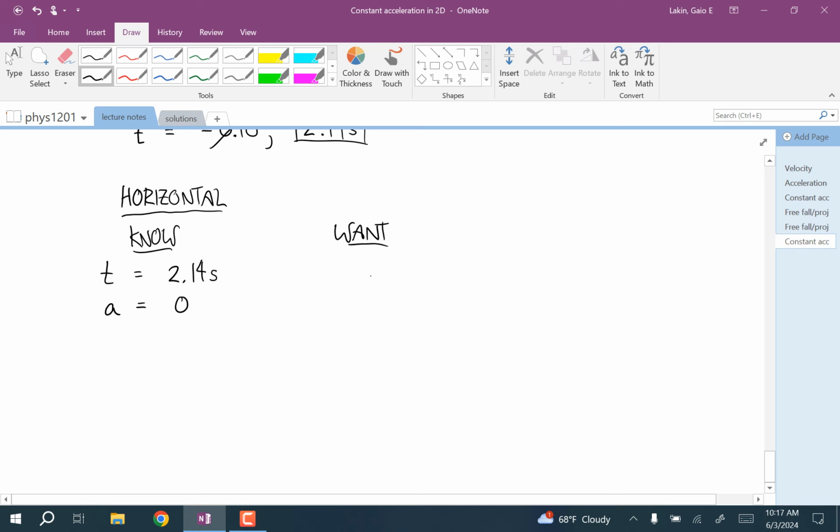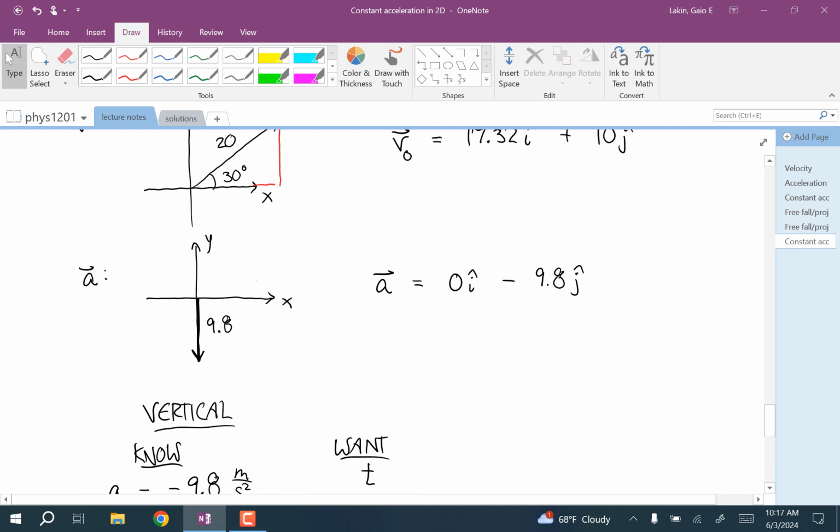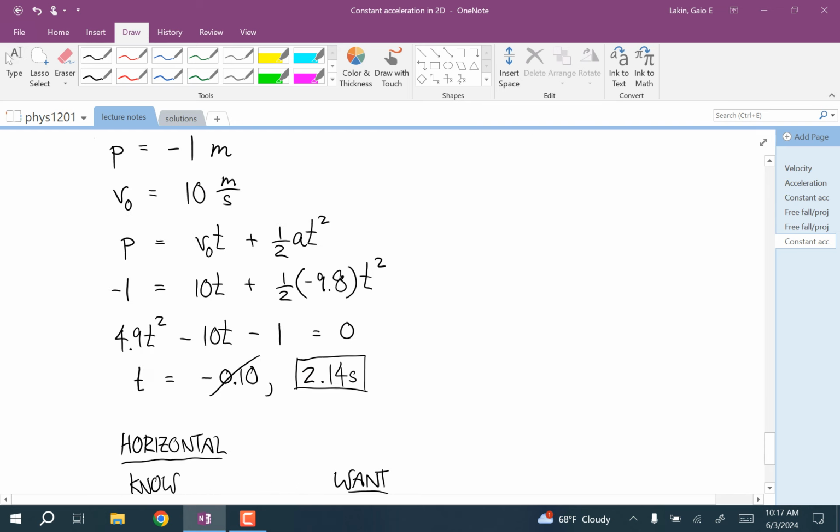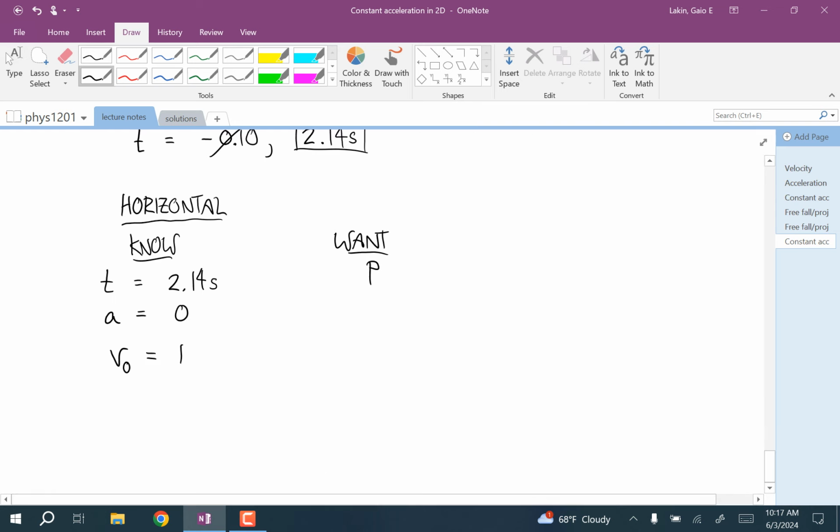We're trying to find the horizontal position when it hits the ground. Our v sub 0 horizontally is 17.32 meters per second. And so we'll use the same equation we used for the vertical part. This is just using the horizontal components instead.